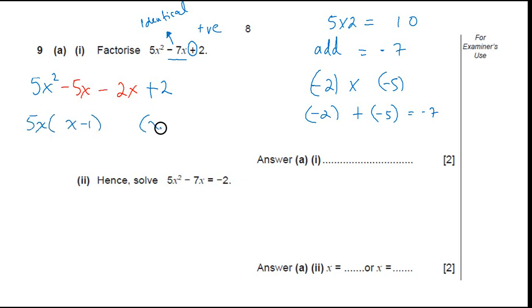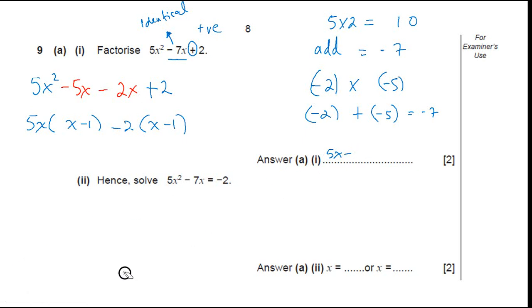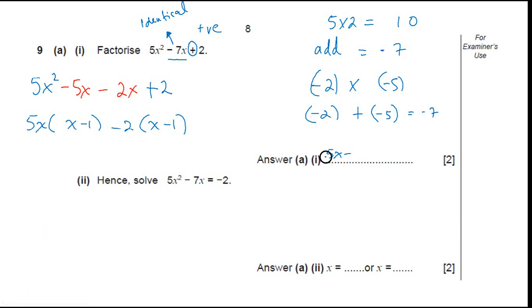Here you must also get x minus 1 and negative 2 is going to be common. So what are the factors? One will be 5x minus 2. And the other one will be the x minus 1. You write it once. These are the answers, right?